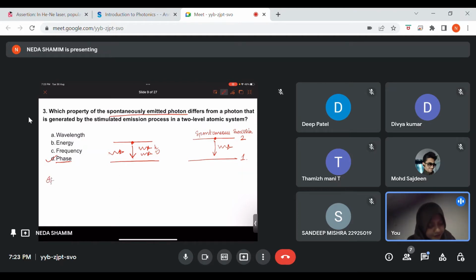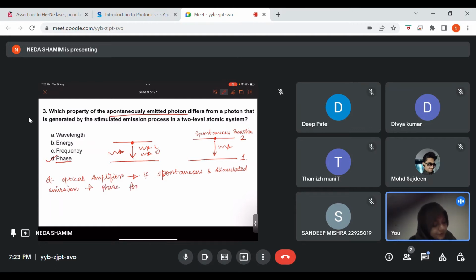I'm writing this down for your reference, and I'll share these slides as well. So in an optical amplifier, if we have spontaneous as well as stimulated emission, the phase will be different for both.